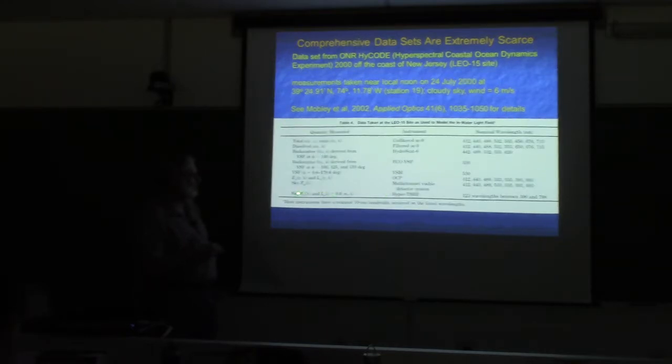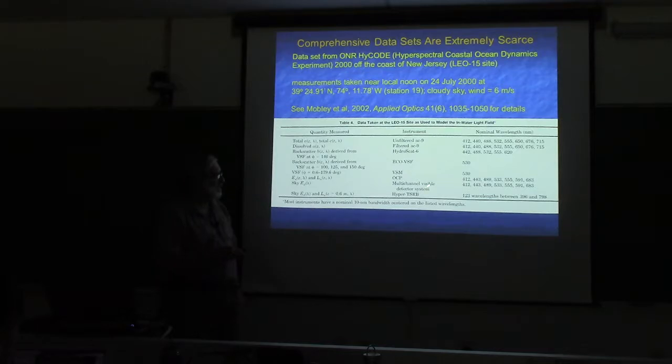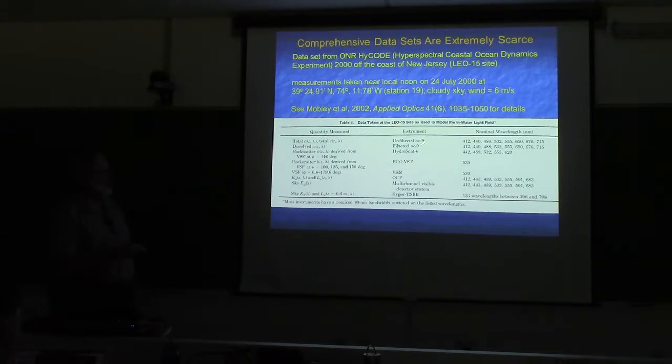Then we had hyperspectral values of E_d and L_u from a TSRB at 123 wavelengths. And most of these instruments have somewhere around the 10 nanometer bandwidth. So there's what we had to play with, both inputs to Hydrolight and things we could compare with its outputs. So see how well we did then.